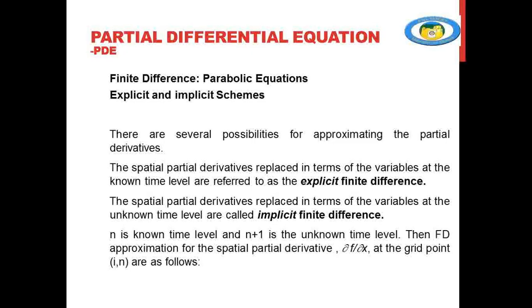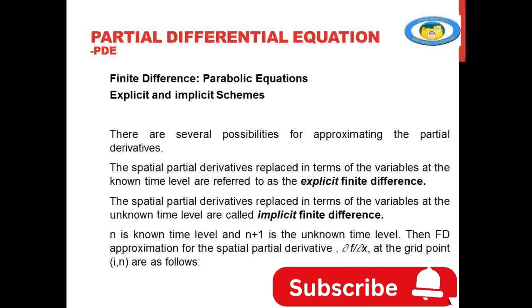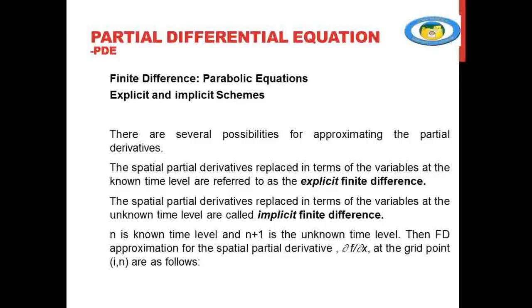But if we express the spatial partial derivatives in terms of the variables at the unknown time level, which is n plus 1, then we call the representation an implicit finite difference scheme.